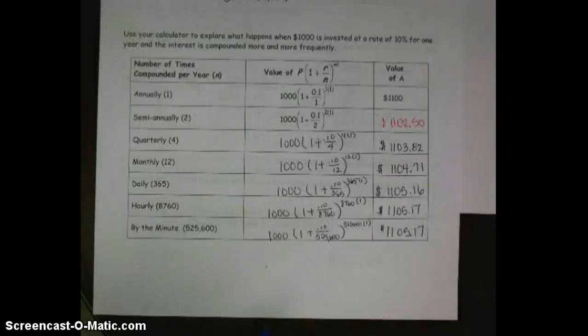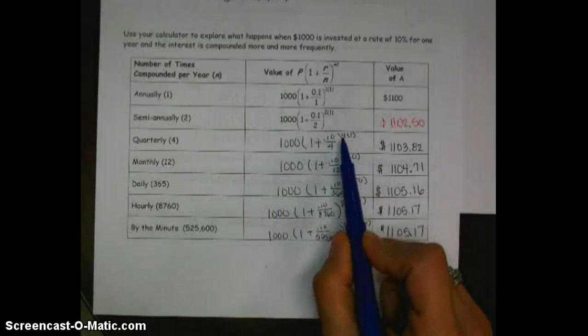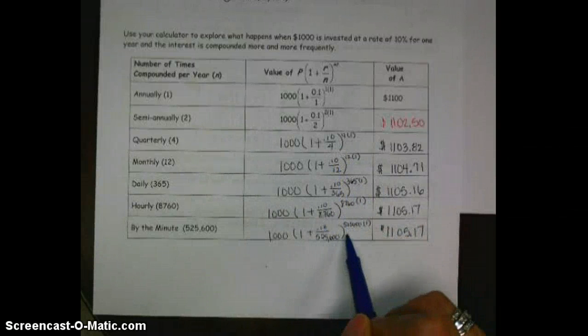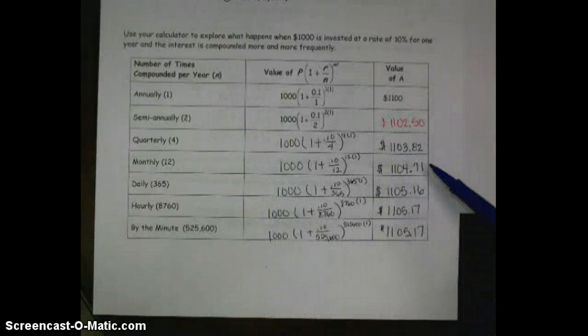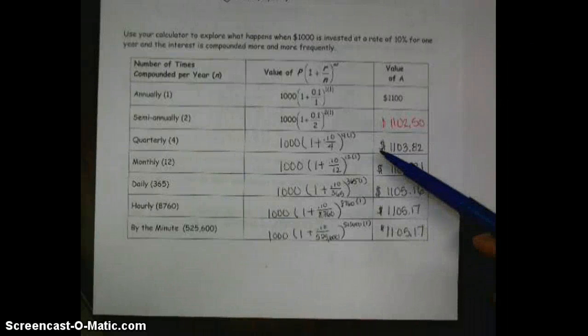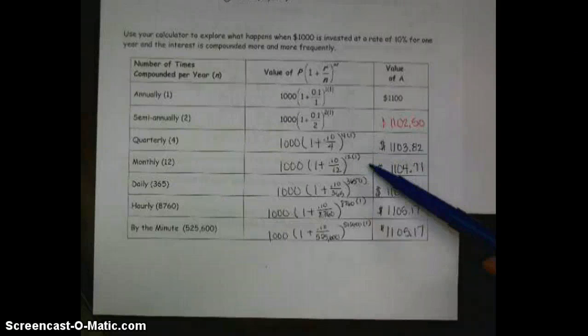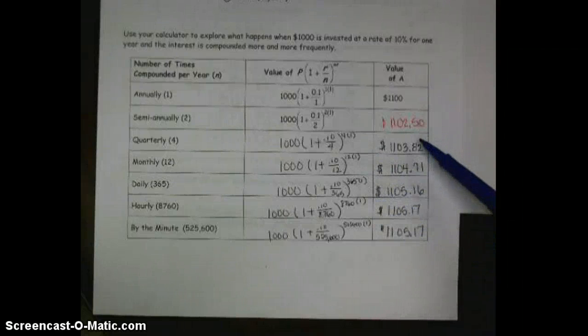Okay, so check your work, make sure that we've done some good substitution into our generic formula, right? And these are the values that you get back after rounding appropriately for dollars and cents. So you can see the more times you compound your interest, the more money you make, with it just staying in the bank for 1 year. It's not growing super fast.